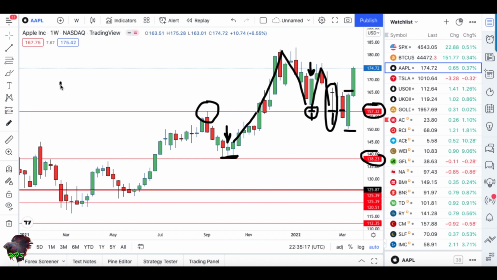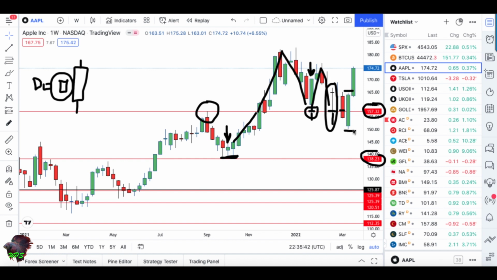An engulfing bar means you have a previous candle, which is this red candle, and then a bigger candle that basically eats this whole candle or a few previous candles. The more it engulfs the previous candles, the stronger the move. The entry is on top of this candle.